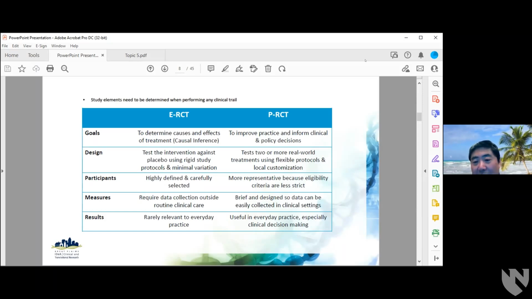Causality is the goal we want to achieve, but whether it's easy or hard really depends on the situation, each individual case. I'm not saying this is against implementation. In order to implement the PRCT, a lot of fine implementation science needs to be taken into account, how you really implement that treatment.